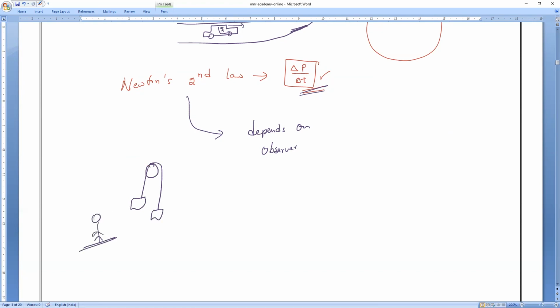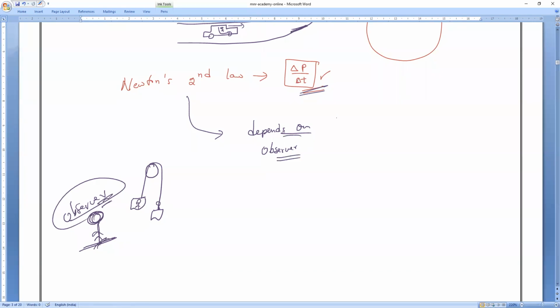Whatever numericals we have solved, the observer is from the ground. He is not on the pulley, but away from it, standing on the surface. That is the observer. So Newton's second law completely depends on the observer.